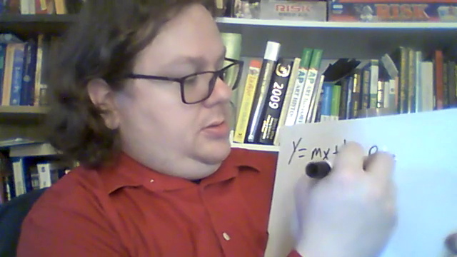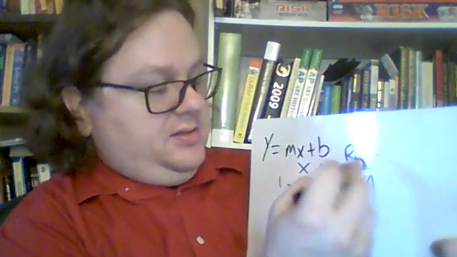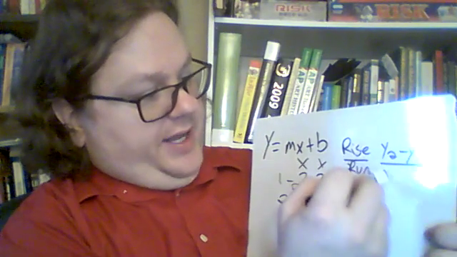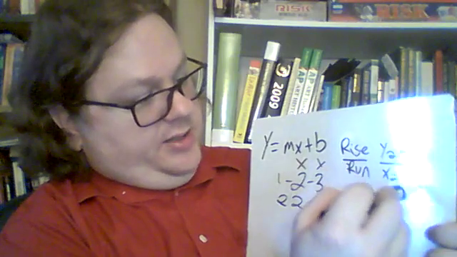And then the formula for slope is rise over run, where rise means y movement. So we're going to go y2 minus y1 over x2 minus x1.